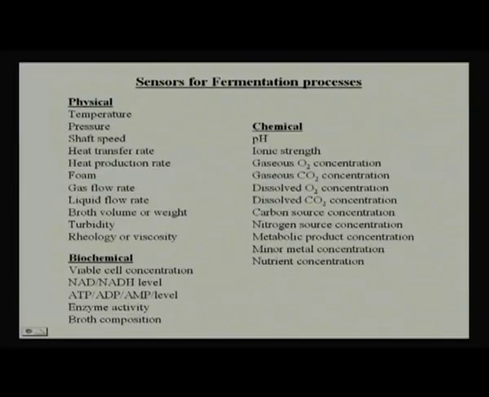Now, if we are coming to the sensor, then we can divide it into physical sensor, chemical sensor and biochemical sensor. Under the physical sensor, we can go for temperature sensor, pressure, shaft speed, heat transfer rate, heat production rate, foam generation, gas flow rate, liquid flow rate, broth volume or weight, turbidity, and rheology or viscosity sensors.